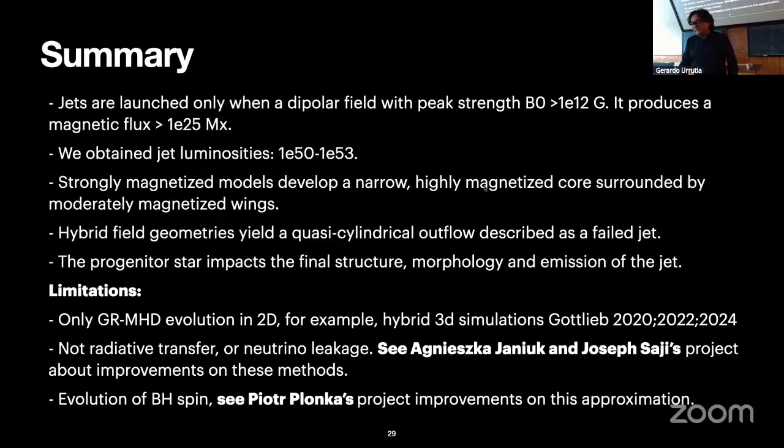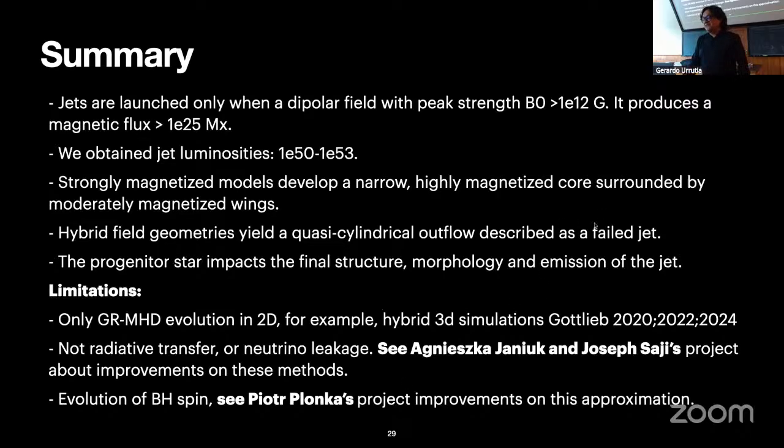Well, it depends on the magnetization. We can change the structure of the jet, but the progenitor star profile is the ingredient that most strongly impacts the final structure of the jet.